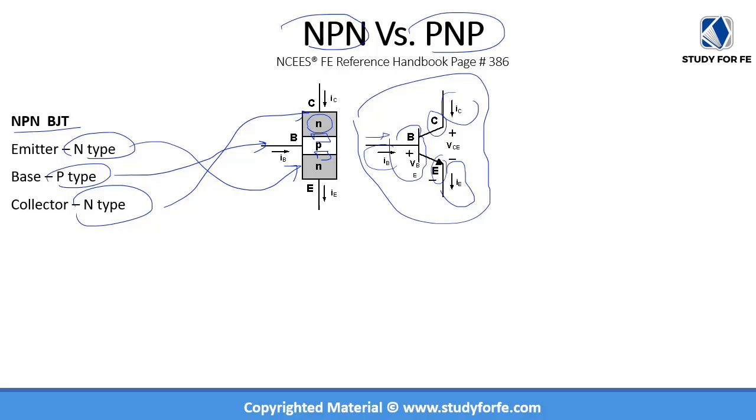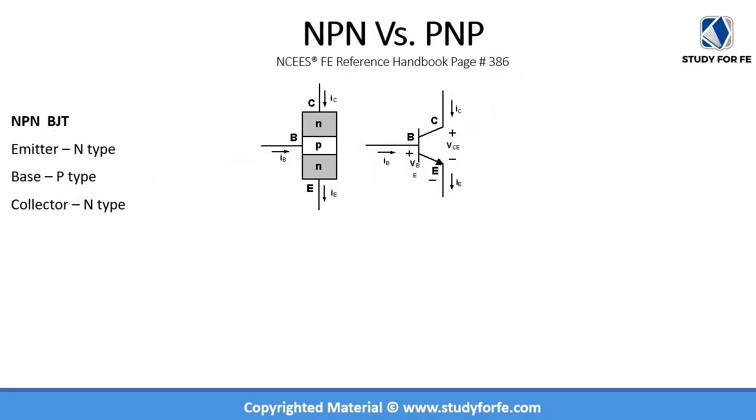You have to keep this in mind. You don't have to memorize this. This is all given in the NCEES FE reference handbook. But in terms of just looking at a symbol and identifying whether it's an NPN or a PNP, the simplest thing is that if the arrow is pointing away from the transistor, that's an NPN transistor.